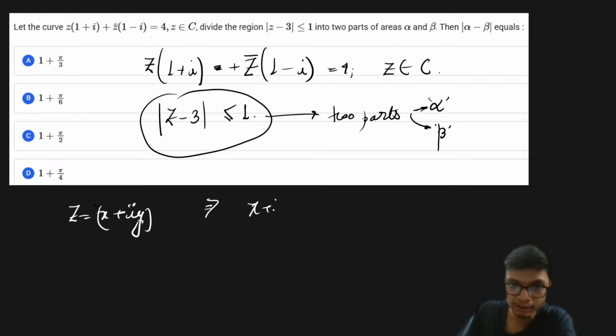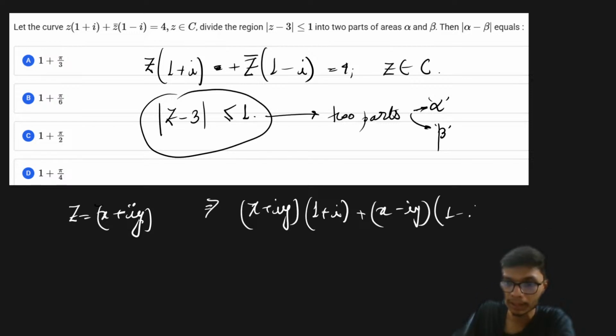I will get x plus iota y multiplied with 1 plus iota, plus x minus iota y multiplied with 1 minus iota, equals 4, right?